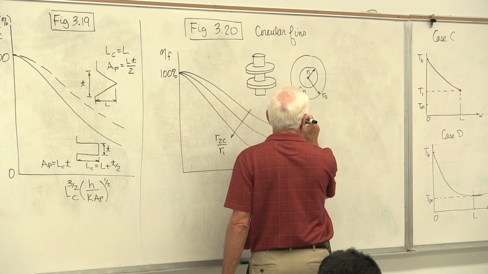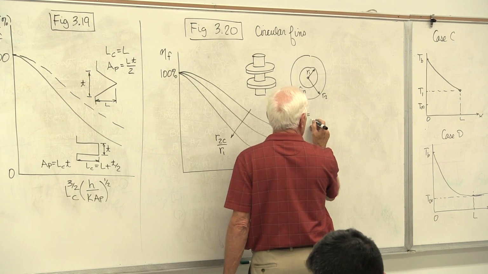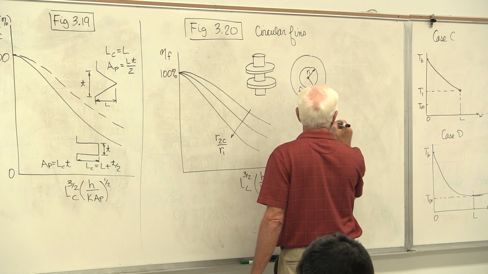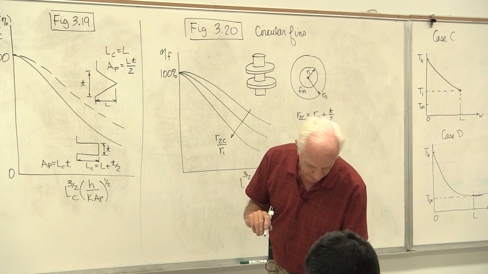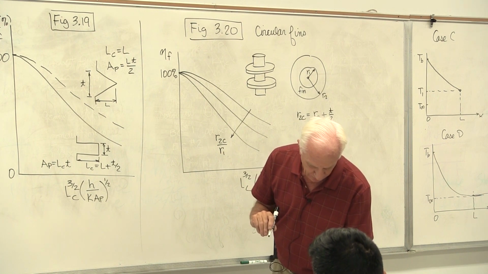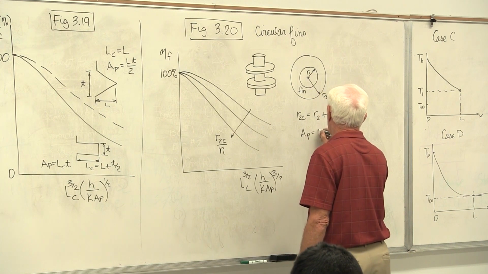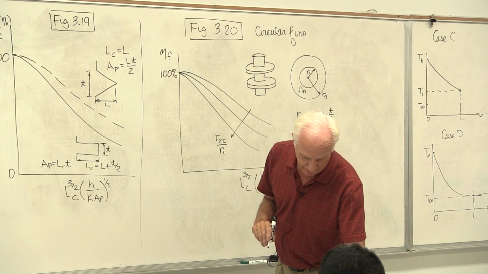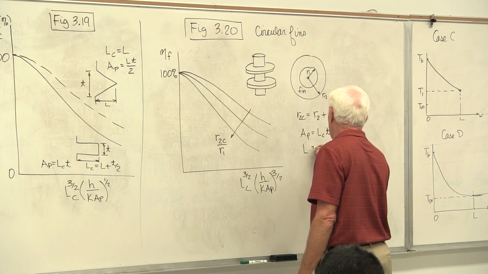On the graph, it tells you R2C is called the corrected fin radius, R2 plus T over 2. It tells you that AP is equal to LC times T, and that L sub C is L plus T over 2.